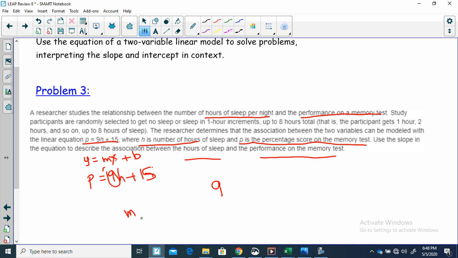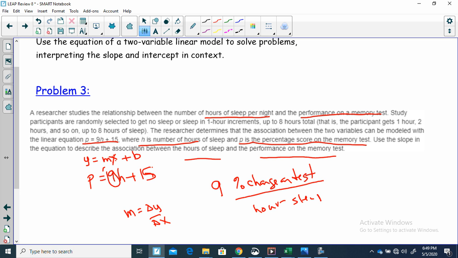When we're talking about a slope, it is change in Y over change in X. So your 9 is actually equal to the change in the percentage points, percentage change on the test, because that's our Y, it's in our Y's place. Our X is our number of hours of sleep.